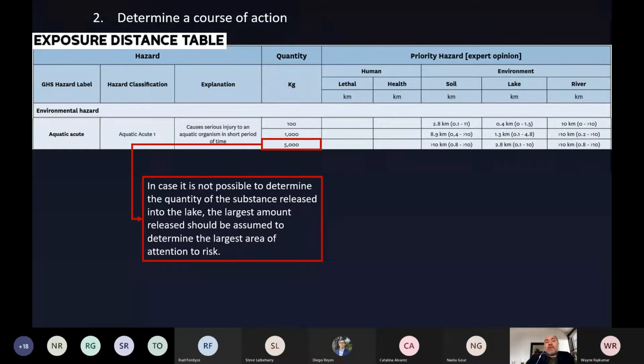If I just pick this quantity in this moment, I would immediately know what precautionary measures I should take in determining the hazard to the population or to animals or to the wildlife.